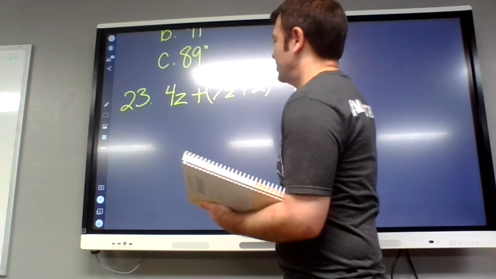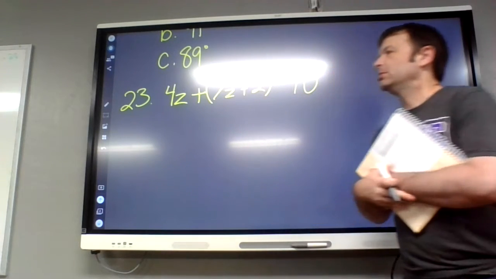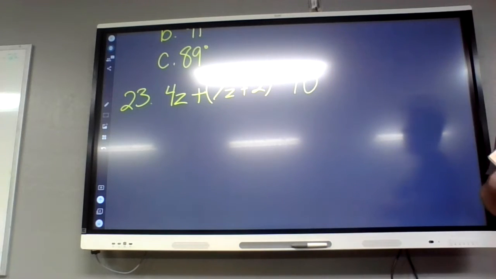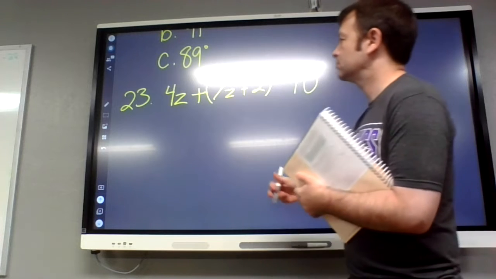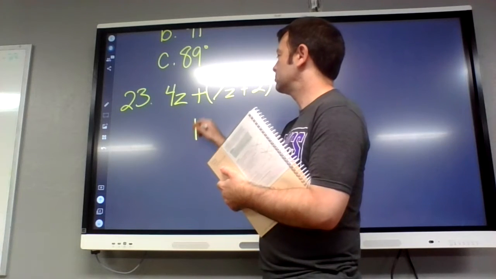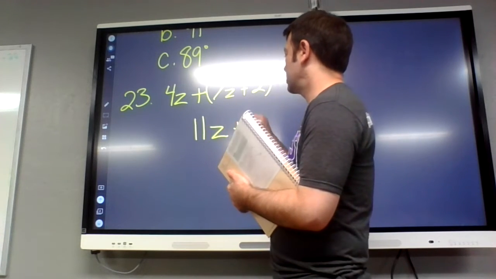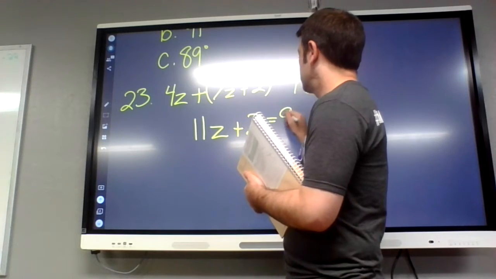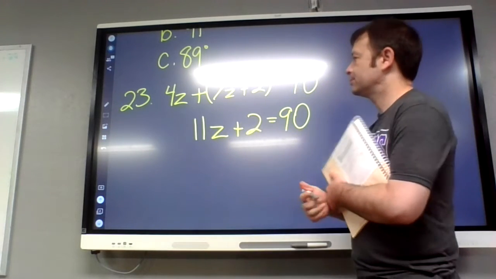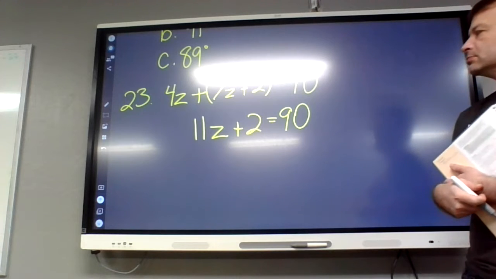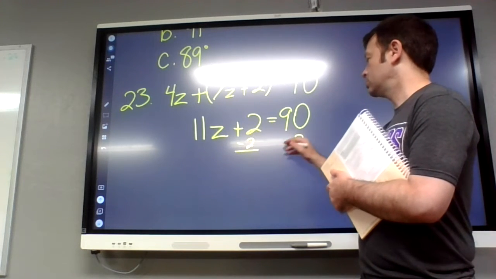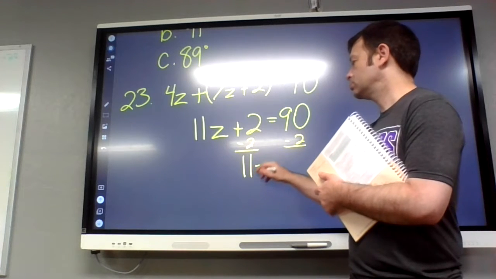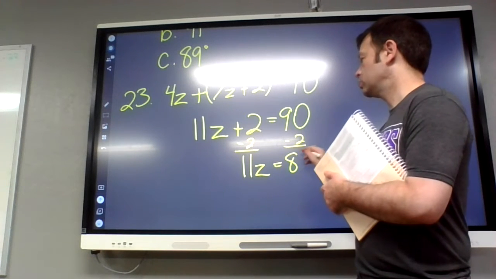That plus that equals 90. It's not a trick question. So how could we simplify that? 11z plus 2 equals 90. Add like terms. Or it can be 11z equals 88. And that'd be 8 equals z.